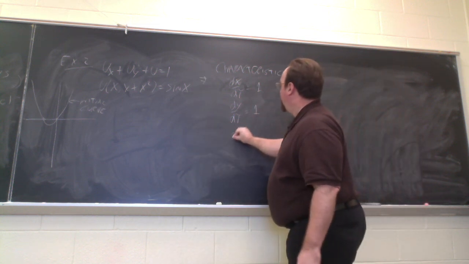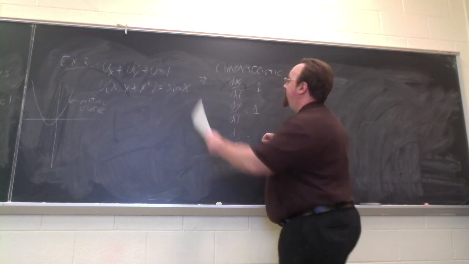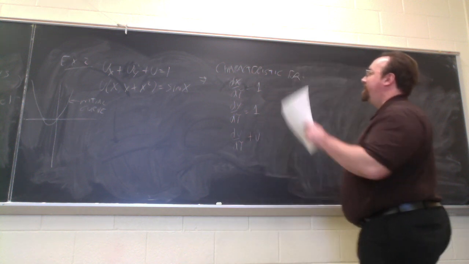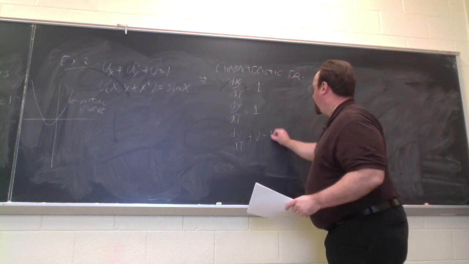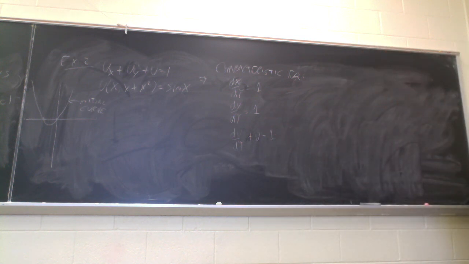And then du/d tau is equal to the u that's on the left side, so that stays on the left side, and then we have a 1 on the right side, so that goes on the right side.